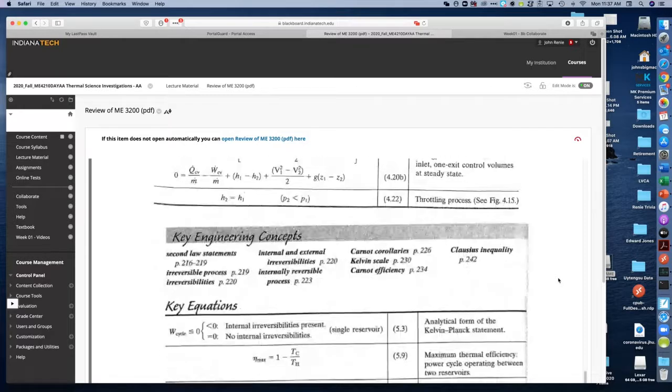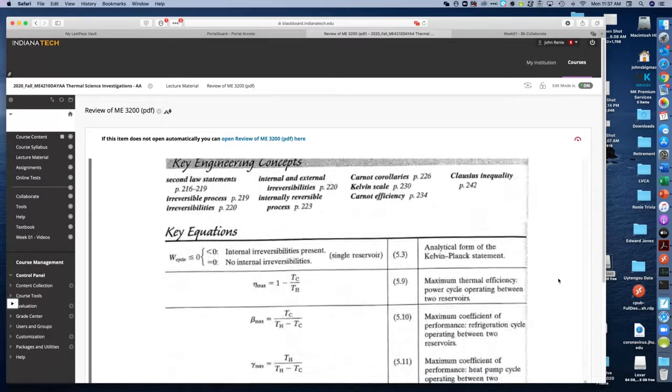Okay, so that's chapter 4. Very briefly, chapter 5 gets into the definition and the discussion of the second law. In this particular chapter, the statement of the second law is given, and a discussion of the difference between internal and external irreversibilities. What is an irreversible process? What corresponds to irreversibility in a system?